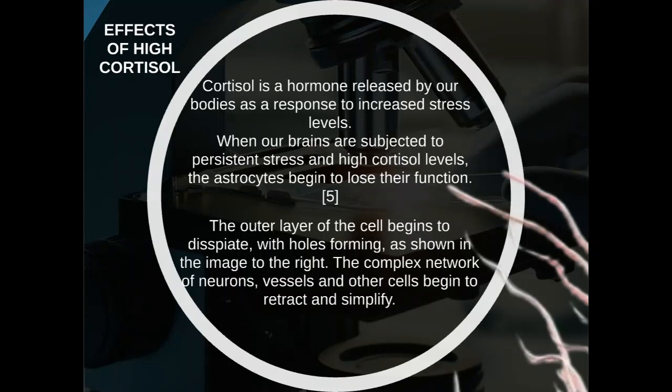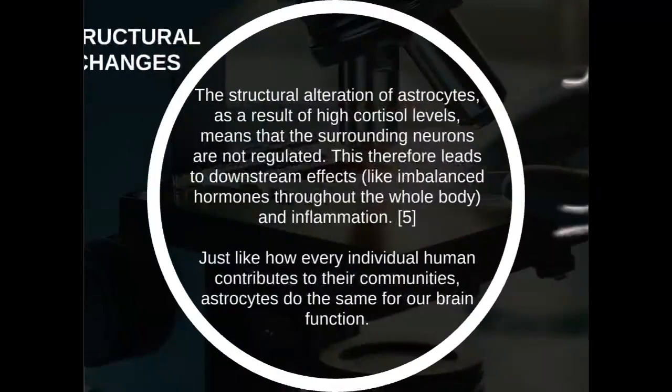So you'll notice that the outer layer of the cell is going to basically dissipate, like it's breaking the whole outer layer down. There are going to be holes forming, and this complex network of neurons, vessels, and other cells, essentially the community that was being built inside our brains, is going to retract and simplify, which of course is not going to have the best implications for us.